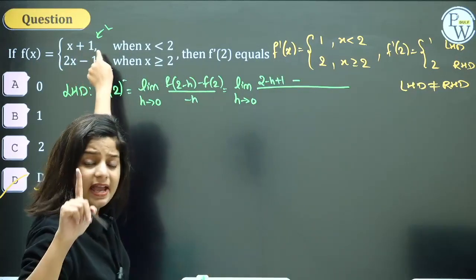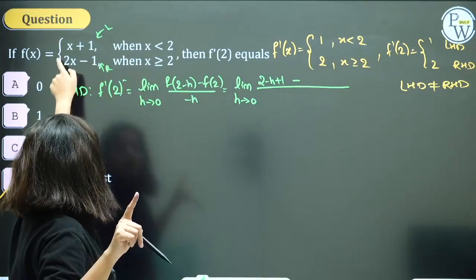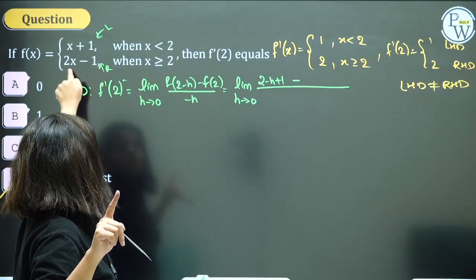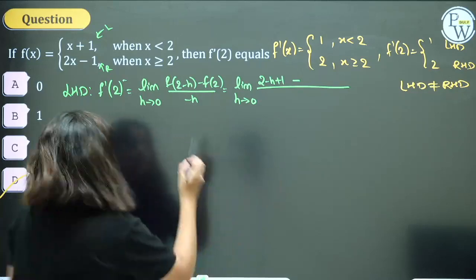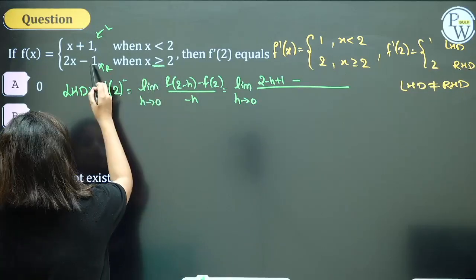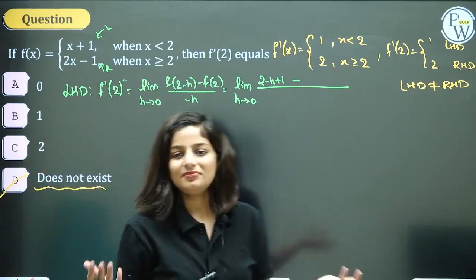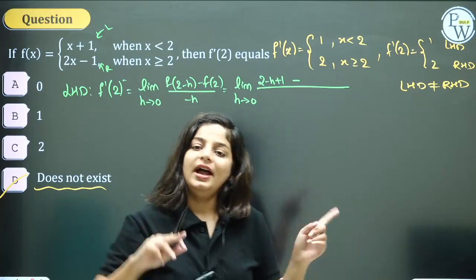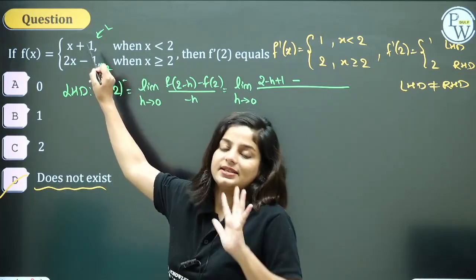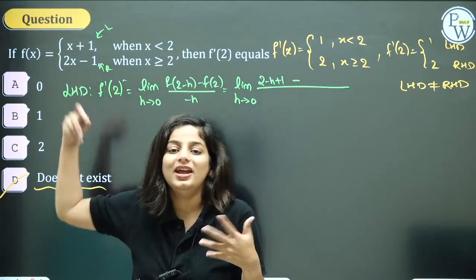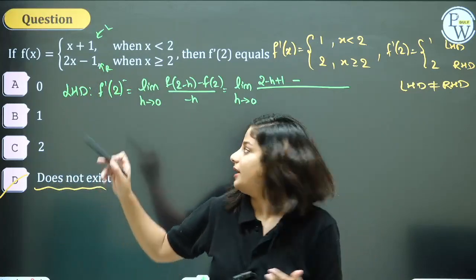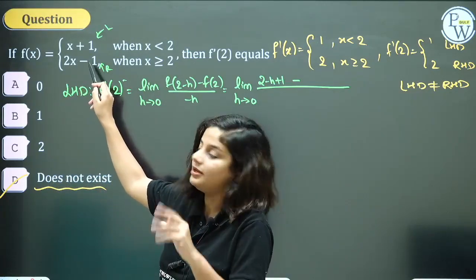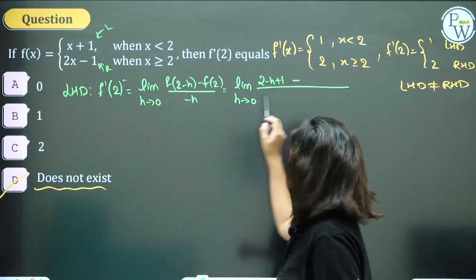In this same function, my dear boys and girls, many of the students go here and substitute x as 2 because ma'am equal to sign is here, so we will substitute here. You can do that also, and if you substitute in the same function, it's still fine. Why? Because it's anyways continuous, so it doesn't matter. You substitute x as 2, 4 minus 1, 3, 2 plus 1, 3.